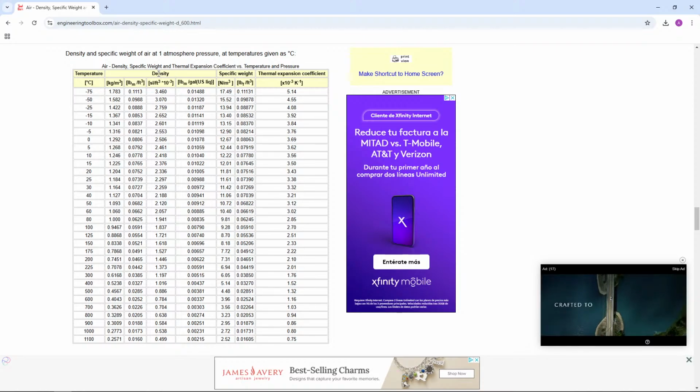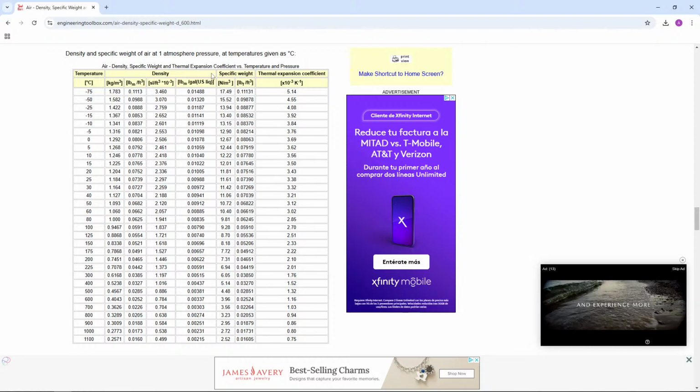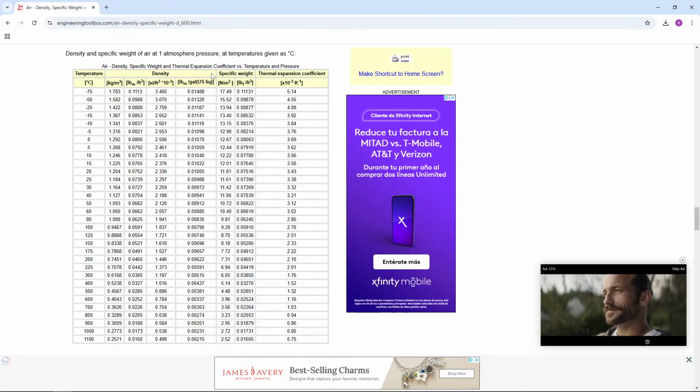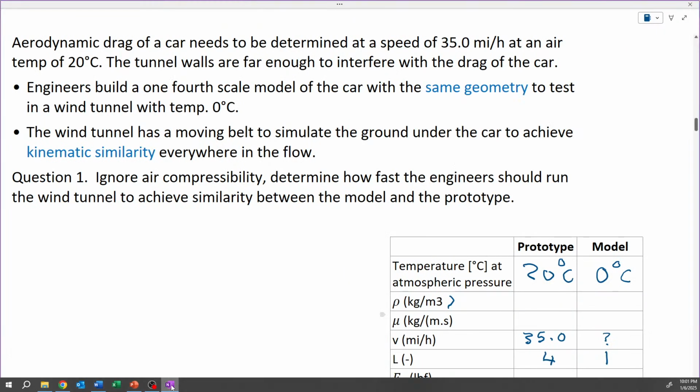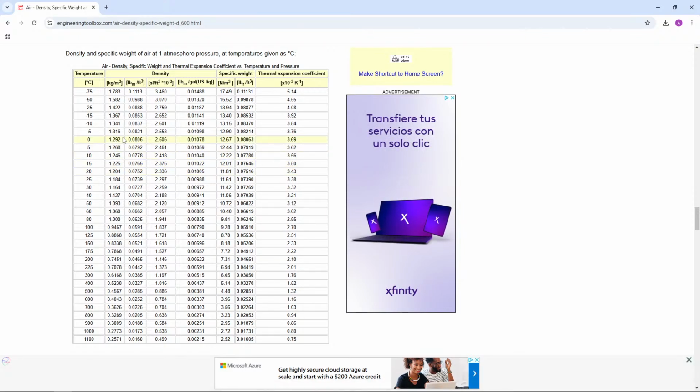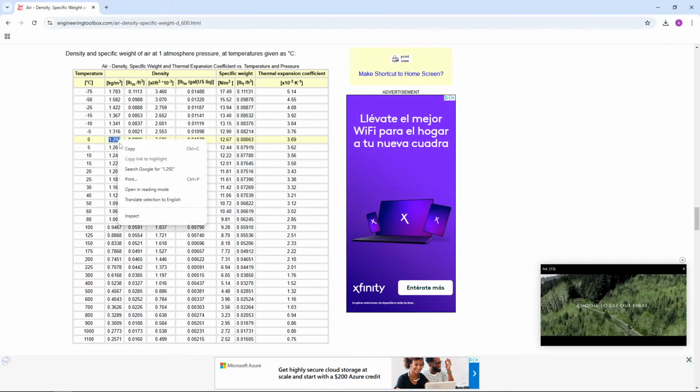Which one do we want to do? So let's go to our problem. We want to find the density at 0 and at 20. So at 0, that's this number here. So we can copy this.